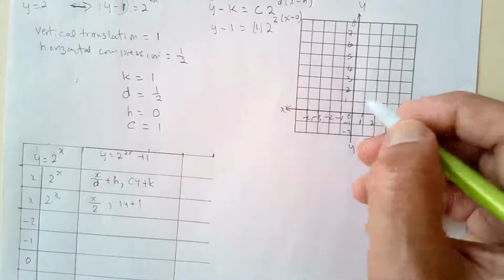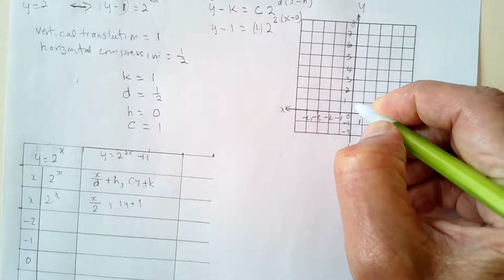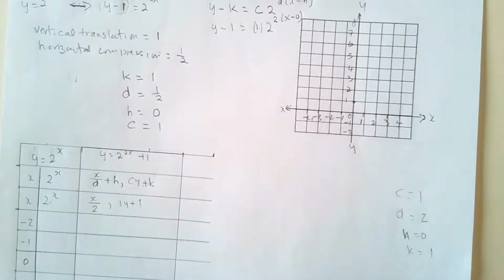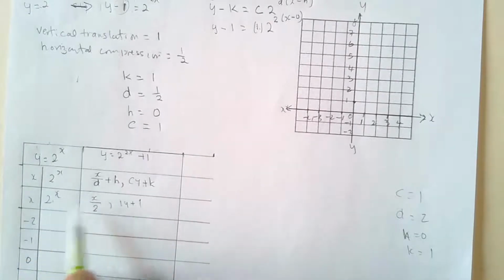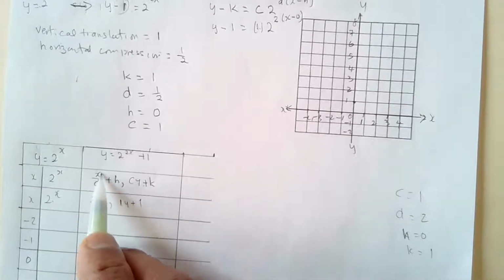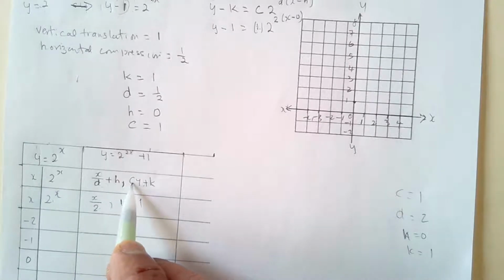So if I were to construct y equal to 2 to the x, it's a graph that will go through here for sure. And we'll sketch it first. So let's find y equal 2 to the x first. And whatever we have, we will take our x and y values and transfer them here. Now, what I've written, x over d plus h, this is what we know, and cy plus k.